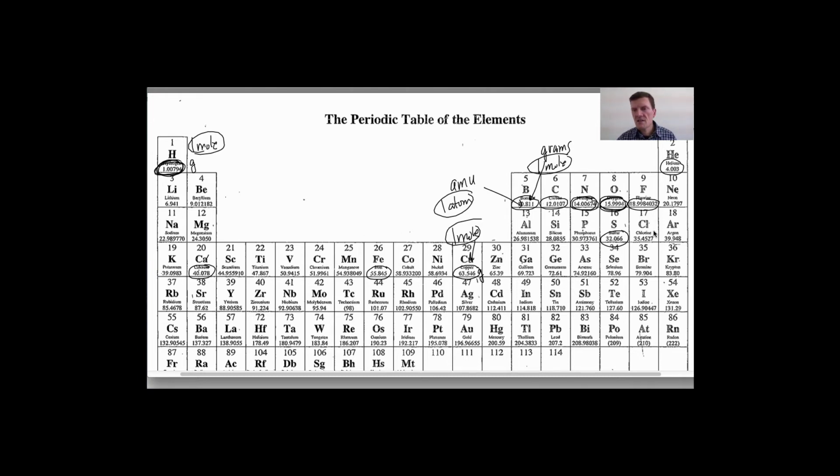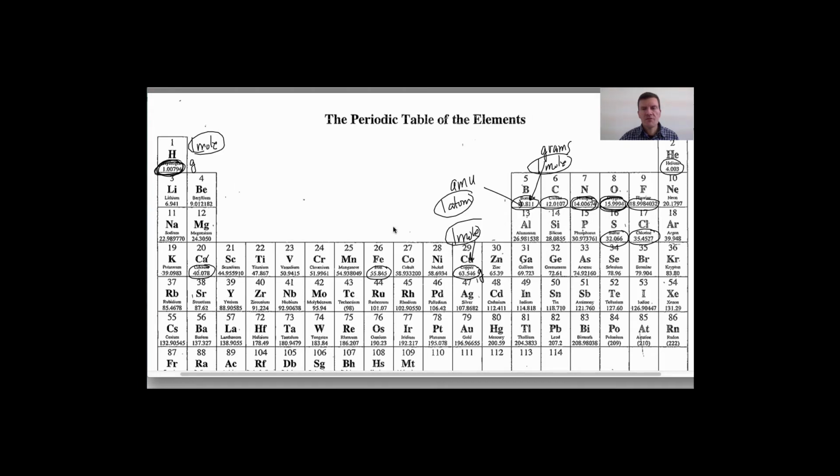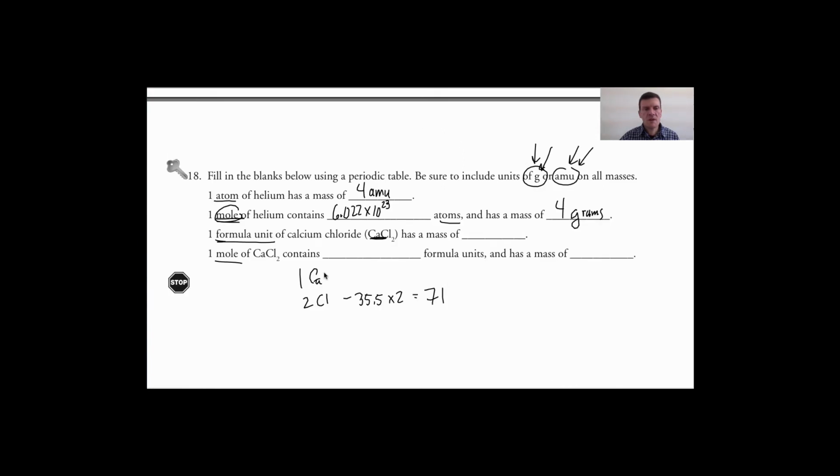And Cl is 35.5, and I've got CaCl2 here. So you've got 1 calcium and 2 chlorine. 35.5 times 2 is going to give me 71. And my calcium was the 40.1 or about 40.